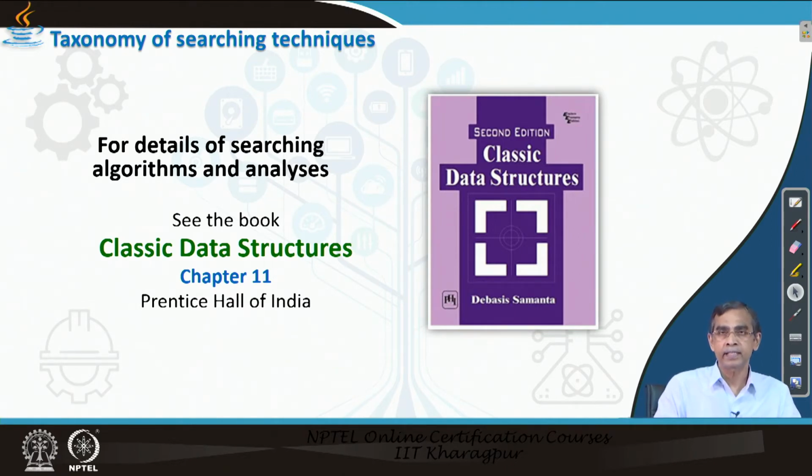If you are interested in learning different searching techniques, including external search, then I suggest you follow the book Classic Data Structure, chapter 11, where a thorough discussion about all searching techniques has been given. Interested students can follow this book for their further studies.